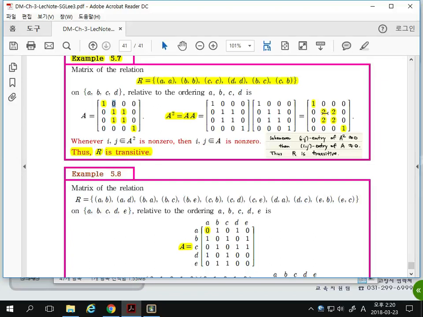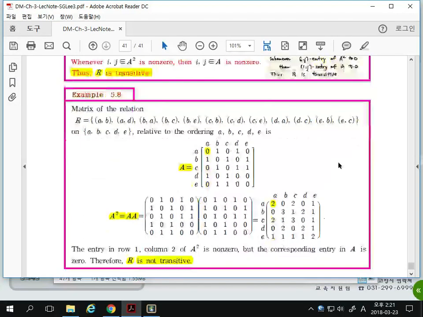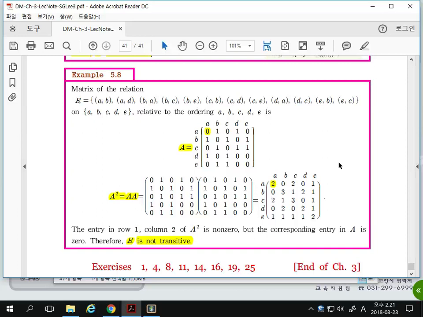Whenever there are non-zero entries in A square, at the same place there are non-zero entries in A. So it has a very close relation. What that means is the relation is transitive. Whenever the ij entry of A square is not 0, then the ij entry of A is not 0 also. So it's transitive. It's a property it has.